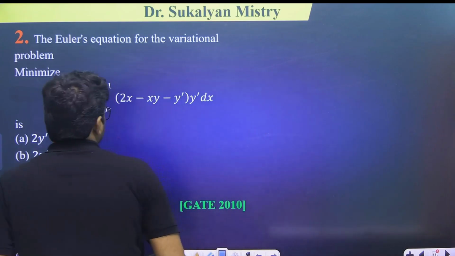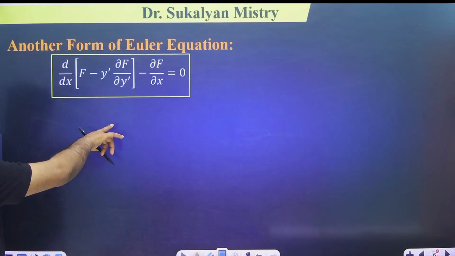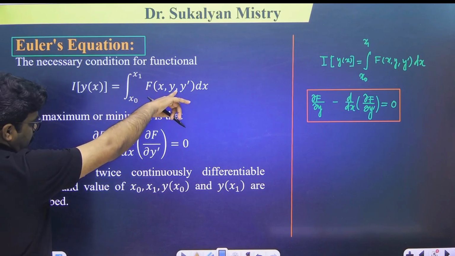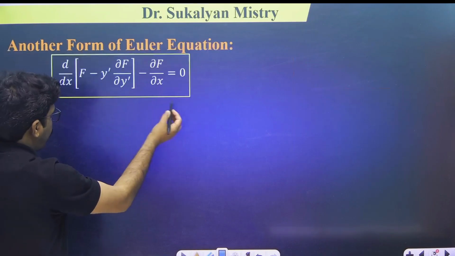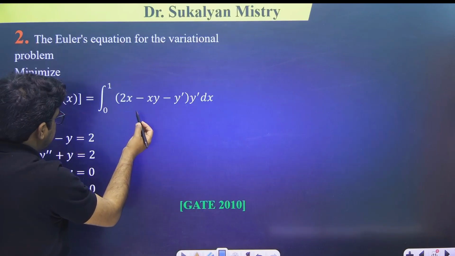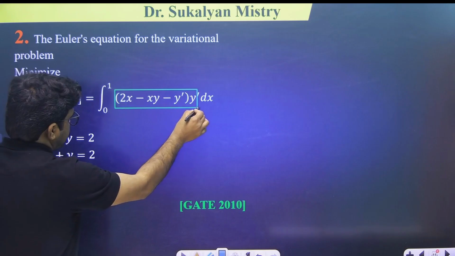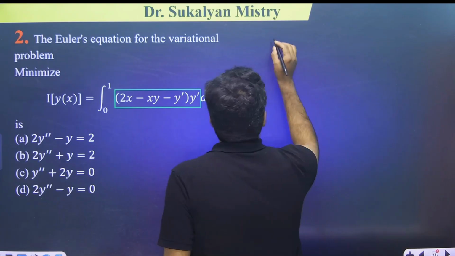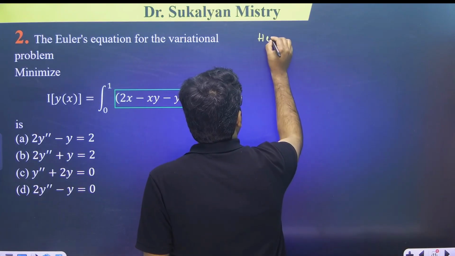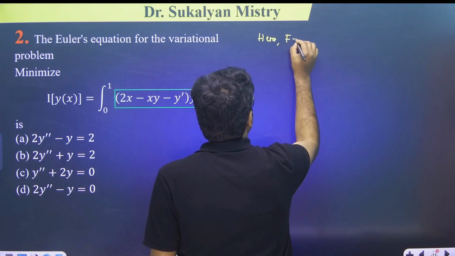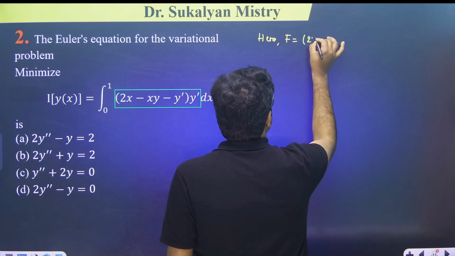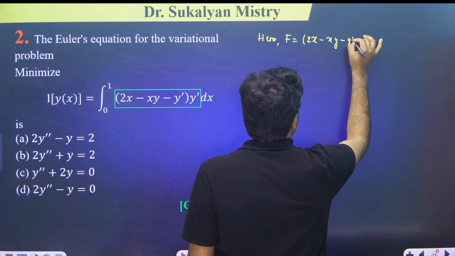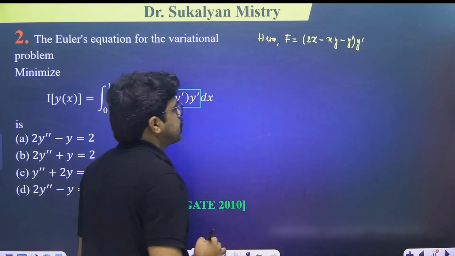So here if we compare with the Euler's form, integral x0 to x1, f is a function of x, y, y dash dx. So here f is 2x minus xy minus y dashed into y dashed, right?